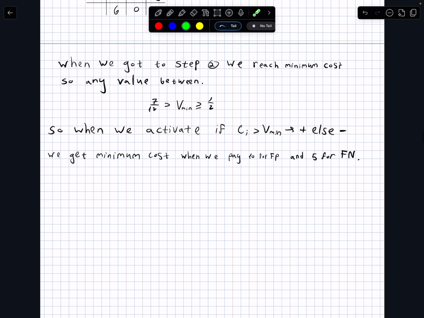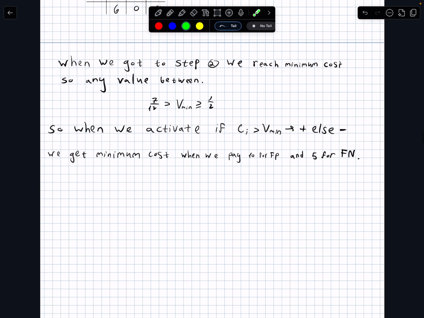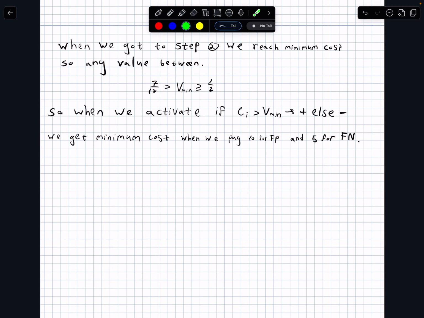Anyway, here I just wrote it. So when we pay for the false positives and false negatives, the minimum cost will be 10. So this is the minimum cost.